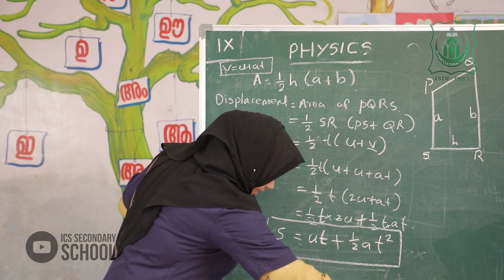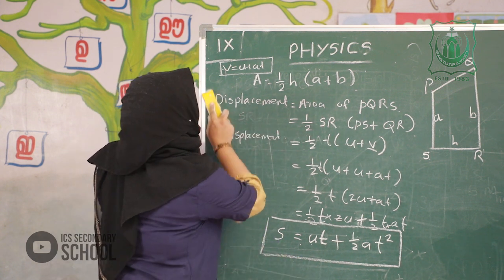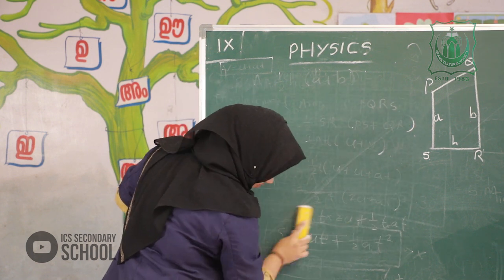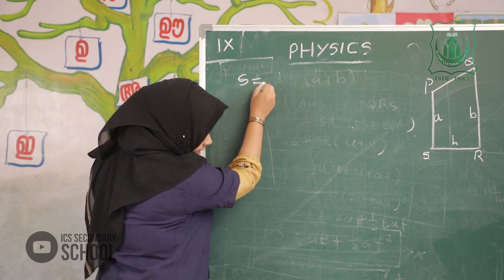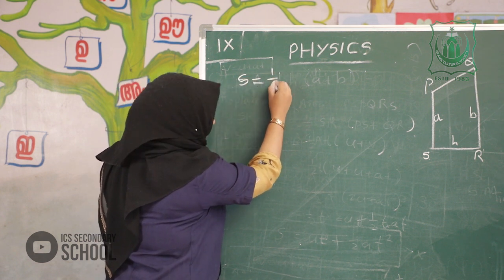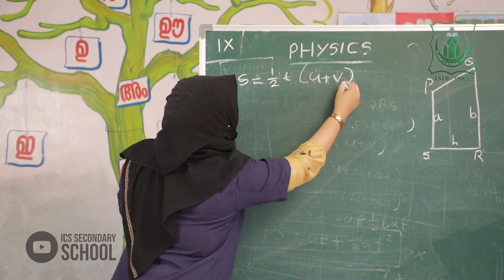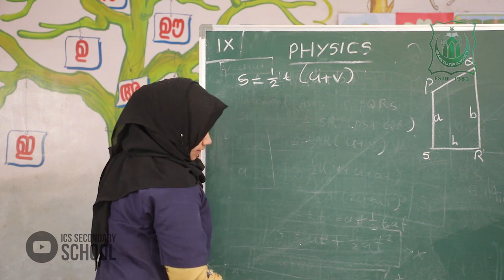Okay. Then next we want to find out another equation, the third equation. How to find out the third equation? Here we know that s is equal to half t into u plus v, displacement.